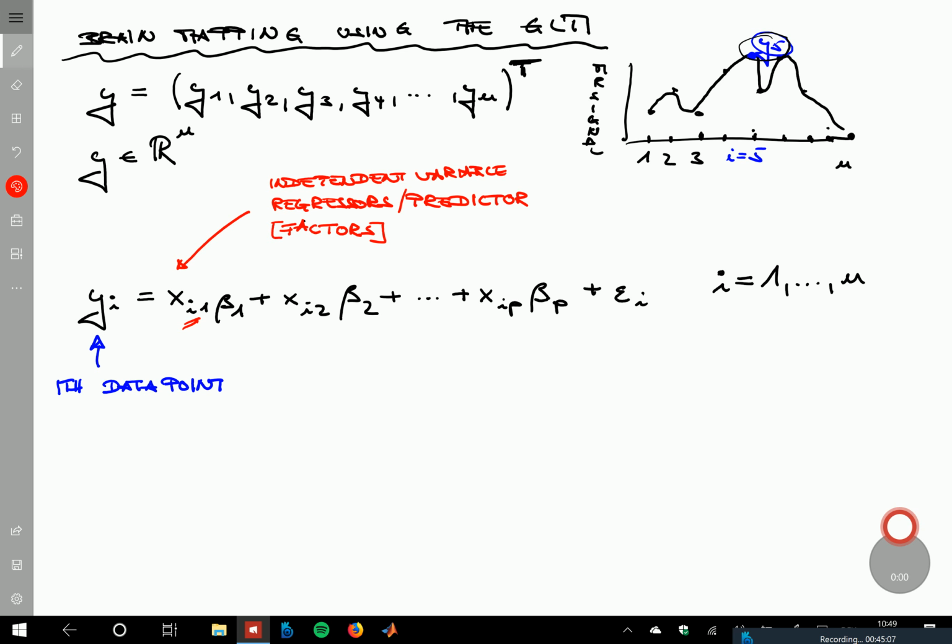You measure the data, but you know the regressors and predictors. This is an important part of model formulations. So they are known, and in the setting that we are dealing with, they are deterministic, so they don't represent a sample.